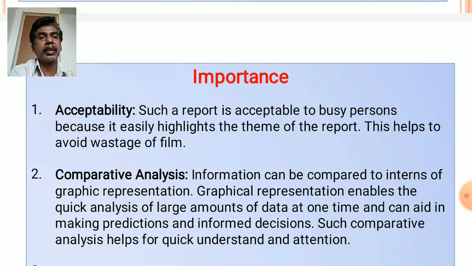Businessmen can accept this type of statistical method or tool, because huge information can be presented in a simple manner. By just observing the lines, the data can be understood easily, and it saves time and energy, simplifies the data, and gives a bird's eye view. Therefore graphs have huge importance.